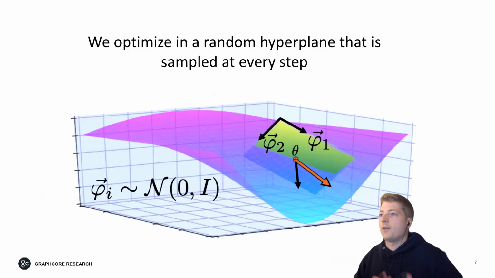In this case, just two random directions sampled from a standard normal distribution. And so what we do is we compute the gradient with respect to these 2 dimensions and then descend. And as you can see, the gradient in the subspace might not be the same gradient as in the full dimensional space, but the hope is that this will still lead to very good optimization outcomes. And that's really the question that we were asking in this work.